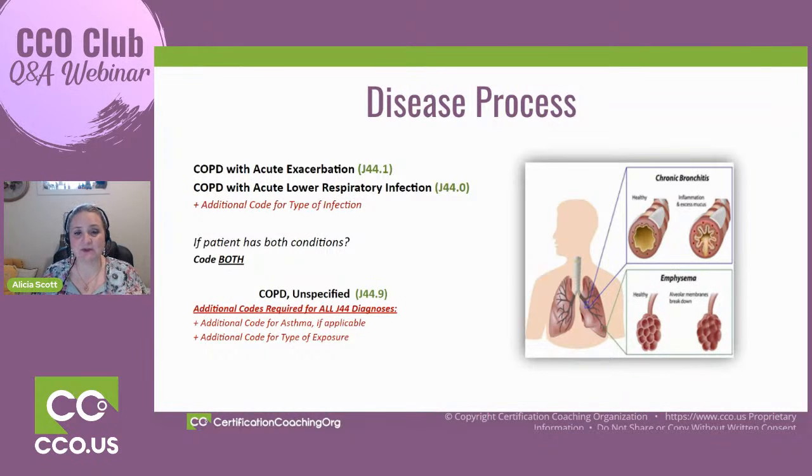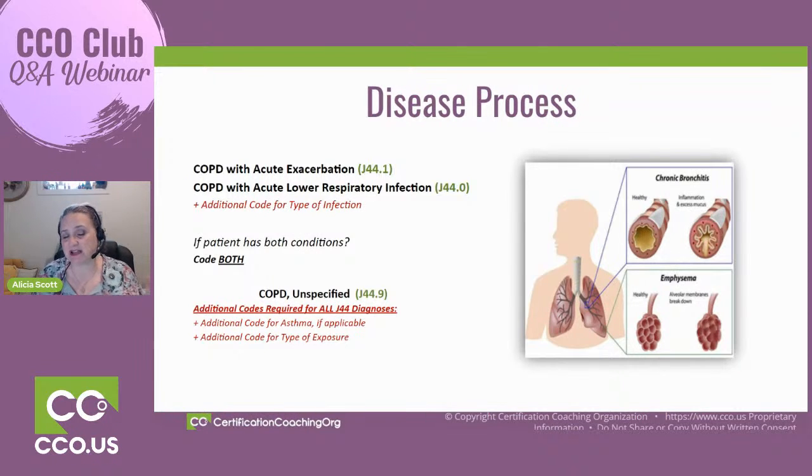What happens, of course, is that the person already has a chronic constricted airway of the lungs. And an acute exacerbation means that they're having more difficulty than they regularly would on a day-to-day basis. When that happens, the acute code is used, J44.1.